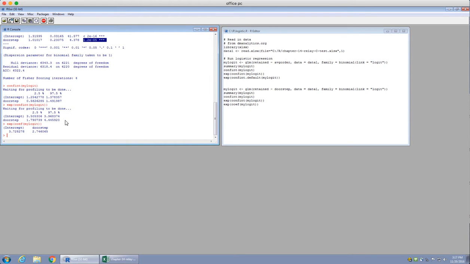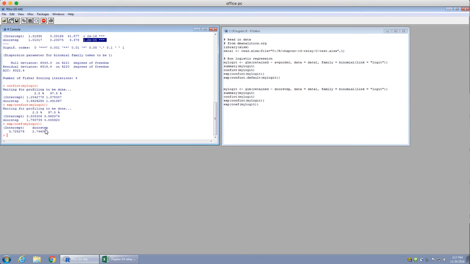If I use the exponent case, it has a lower confidence limit of 1.79 and an upper of 4.44. It does not contain 1, so this estimate is significant. If I want to look at my point estimate, I would use an exponent of the coefficient function here.